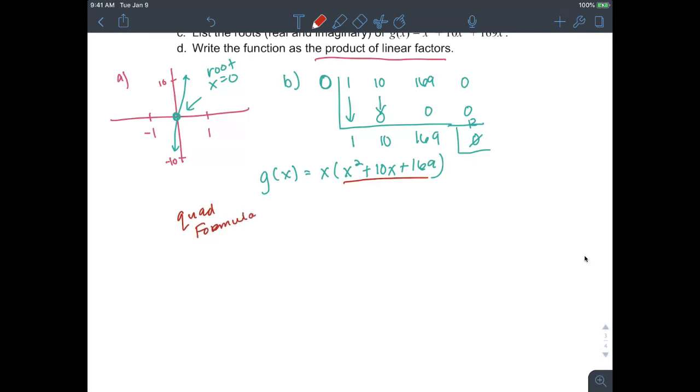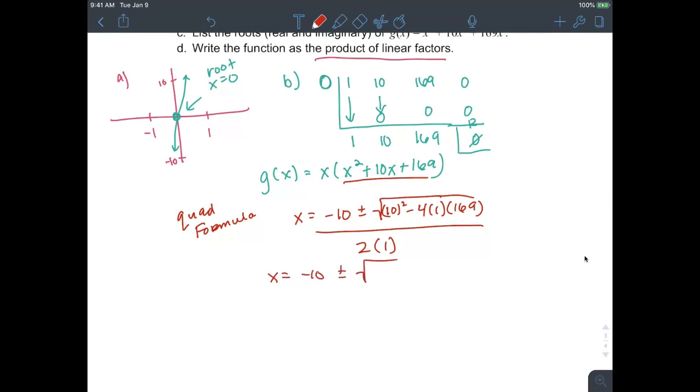So I get x is equal to negative 10 plus or minus the square root of 10 squared minus 4 times 1 times 169, all over 2 times 1. I get x is equal to negative 10 plus or minus the square root of negative 576 over 2. So 576 is a perfect square.